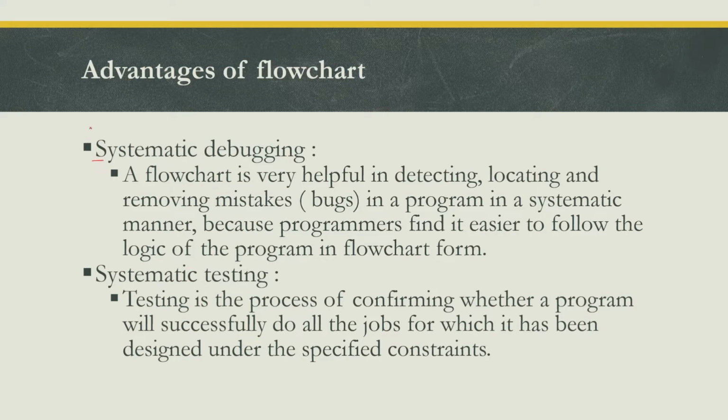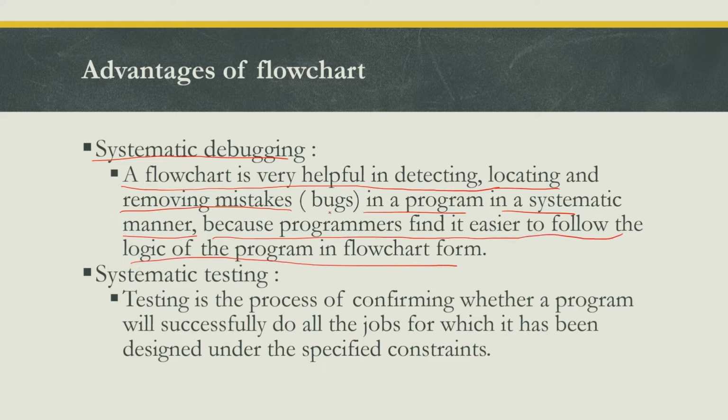Third advantage, systematic debugging. A flowchart is very helpful in detecting, locating, and removing mistakes, or I can say bugs, in a program in a systematic manner, because programmers find it easier to follow the logic of the program in flowchart form. Fourth advantage is systematic testing.